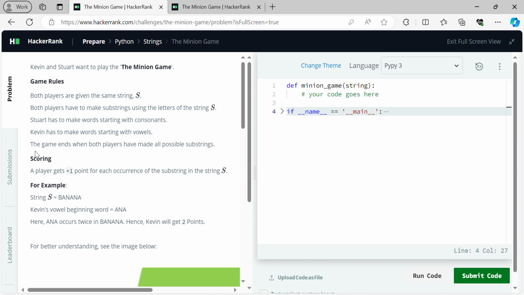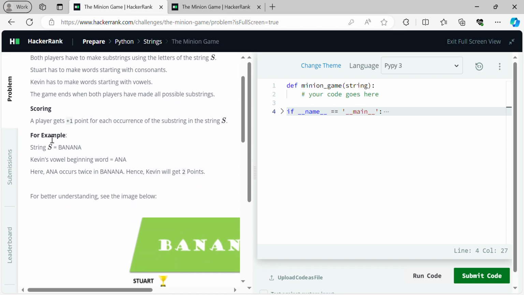And coming to the last condition, the game ends when both players have made all possible substrings. By making all possible substrings from the main string, the game is completed. They also provided one example of how they get a score by making substrings.